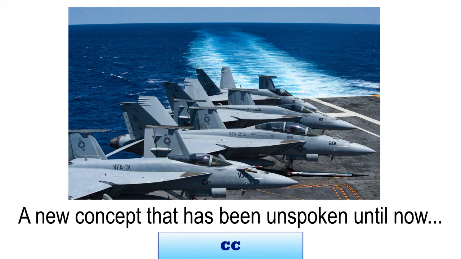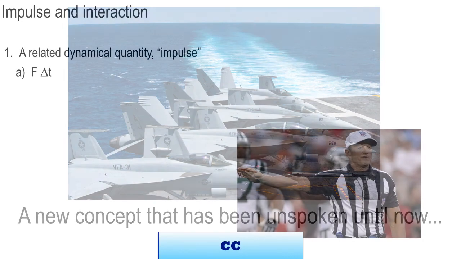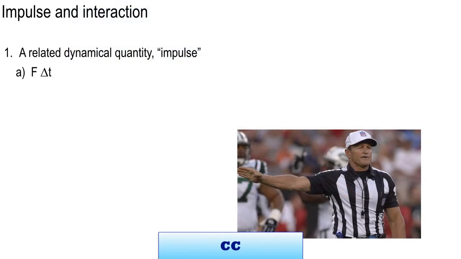Now, I'm going to introduce a new concept called impulse. And this is just a cool picture from an aircraft carrier. It doesn't really have anything to do with the topic, but impulse.